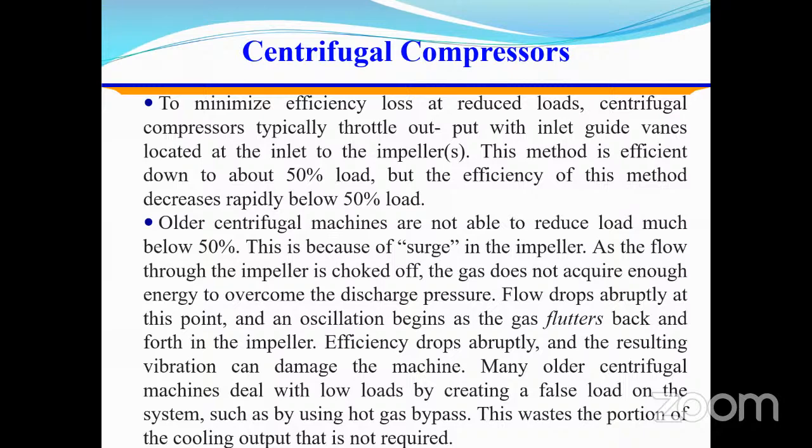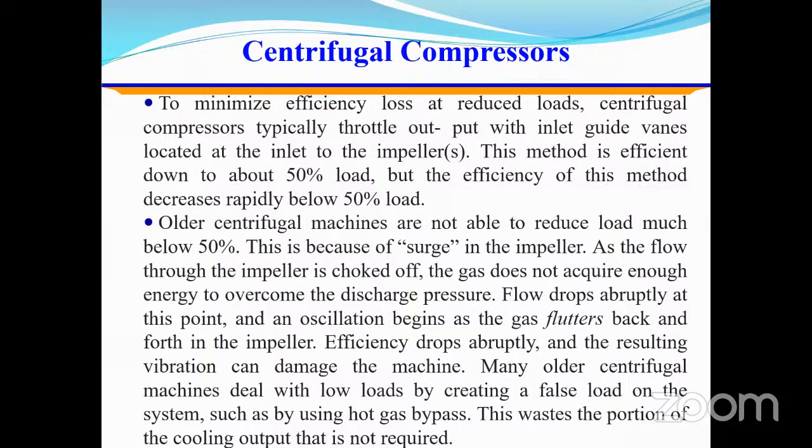This is because of the surge in the impeller. As the flow through the impeller is choked off, the gas does not acquire enough energy to overcome the discharge pressure. Flow drops abruptly at this point, and the gas flutters back and forth in the impeller. Efficiency drops abruptly, and the resulting vibration can damage the machine.